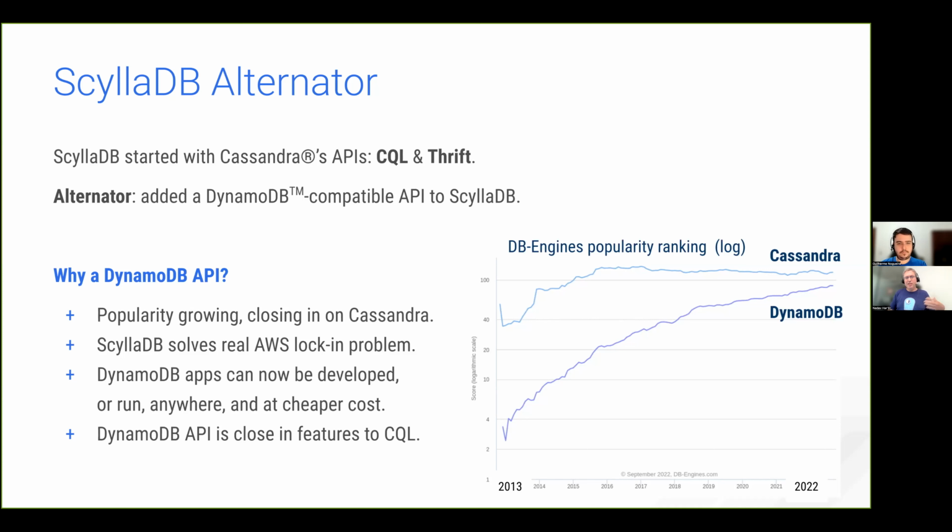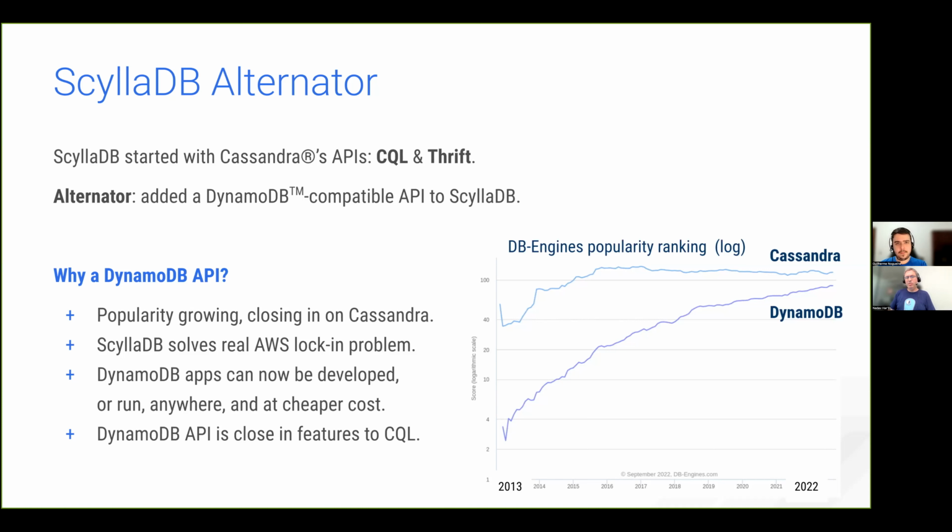But there are other reasons why we wanted to do it. First of all, ScyllaDB with the DynamoDB API solves the real lock-in problem, where people are using DynamoDB on Amazon and can't switch to any other cloud or a private data center, because they don't have DynamoDB.